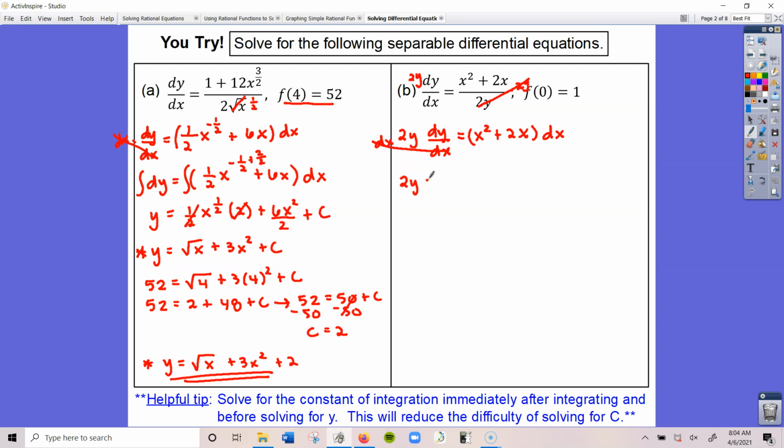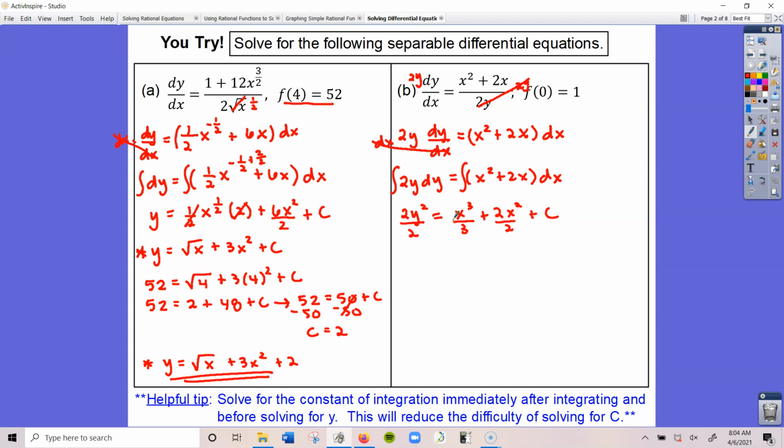So 2y dy is equal to x squared plus 2x dx. And now we're ready to integrate. The integral of 2y is 2y squared over 2 is equal to x to the third over 3 plus 2x squared over 2 plus c.